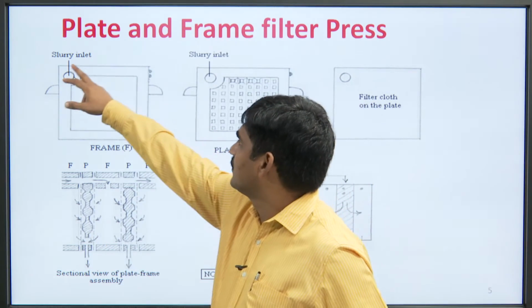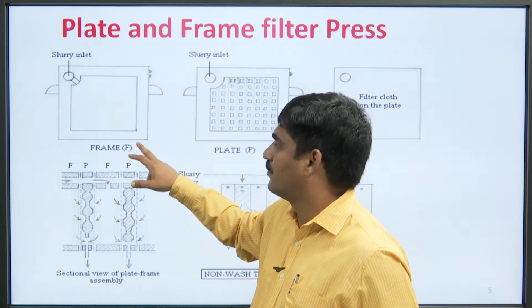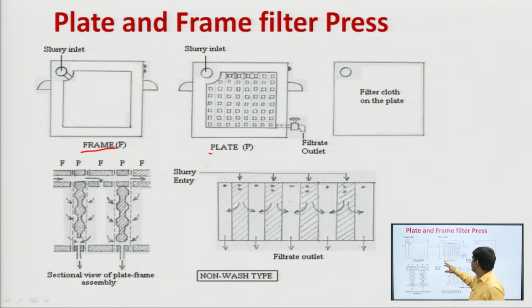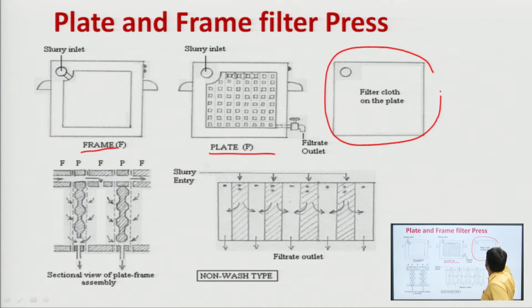So, this is a diagram of the frame, this is the plate, and this is the filter cloth which is used upon the surface of the filter plate. All three have a hole in the top corner on one side. Okay.